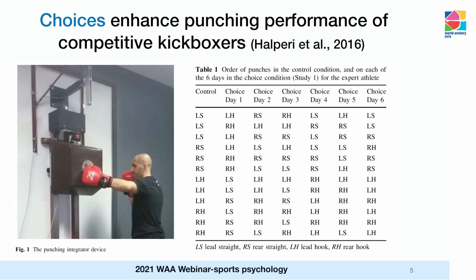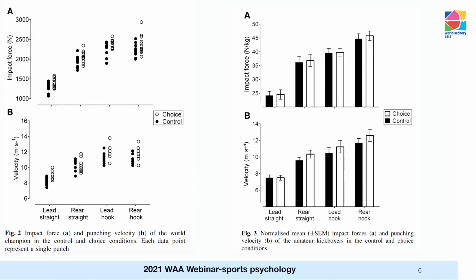And let's look at the performance. Here we can see in the x-axis, there are 4 different types of punch. And in figure A, you can find no matter which type of punch, the choice condition always has the greater force compared to the control condition.